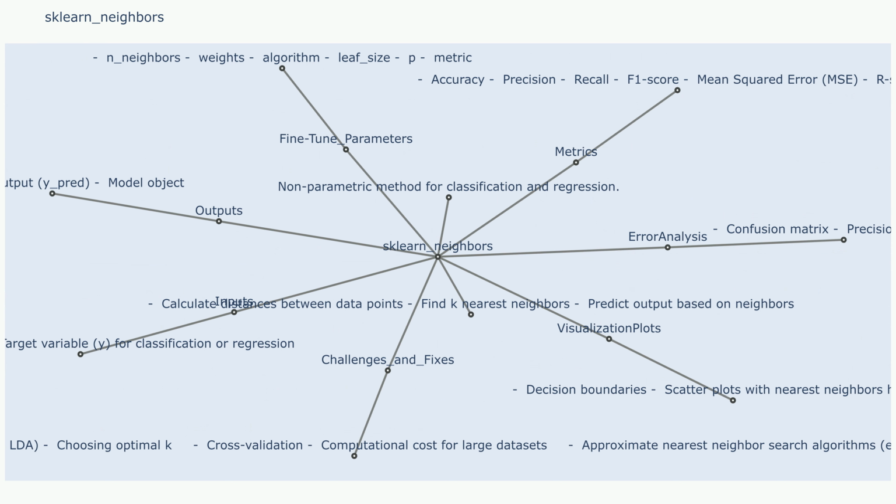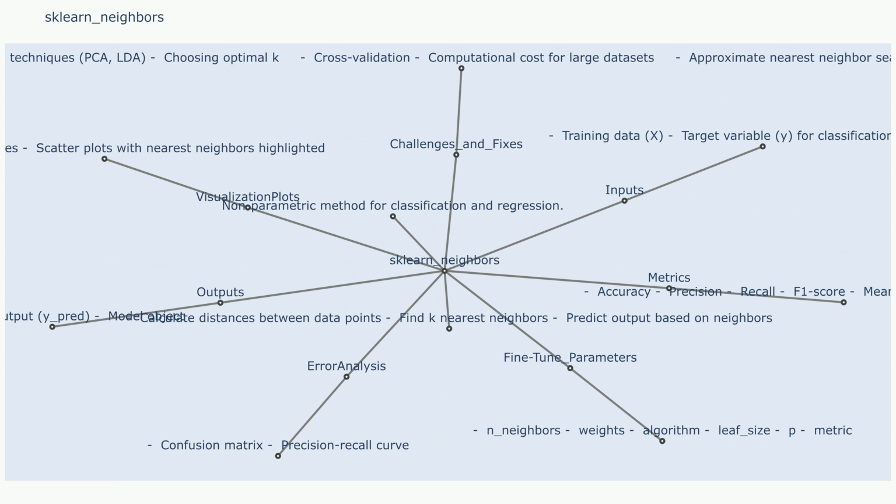Challenges and fixes. Challenge 1: curse of dimensionality in high-dimensional datasets. The distance between all points tends to become similar, making the nearest neighbor algorithm less effective. Sample use case that resulted in challenge 1: a dataset with 100 features and 1000 instances, where the accuracy of KNN decreases significantly compared to a dataset with 10 features and 1000 instances.